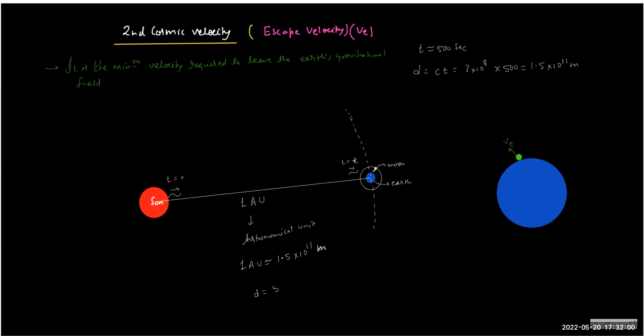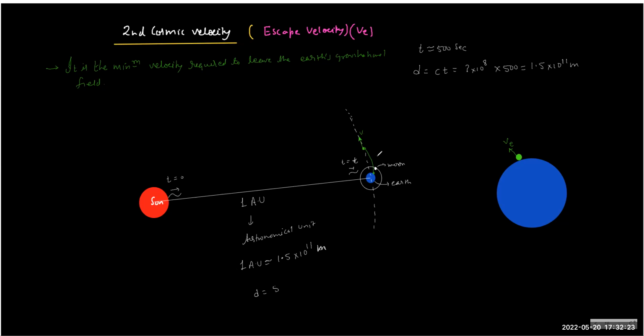So if you throw the object with escape velocity, it must land in the same orbit as that of the Earth. And the Swami will change from Earth to Sun. Understand?